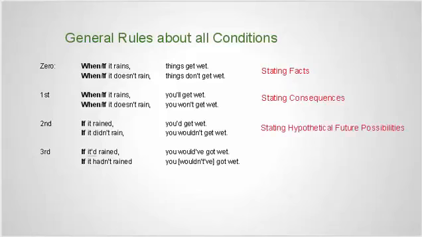In the second condition, we're talking about hypothetical possibilities or something that probably won't happen. And last, the third condition is the past. It's talking about alternative results. It's not just the past. It also can be now, but we usually use it in the past.